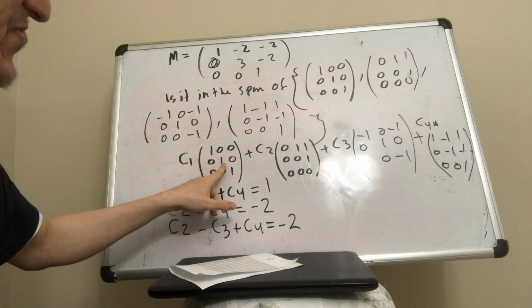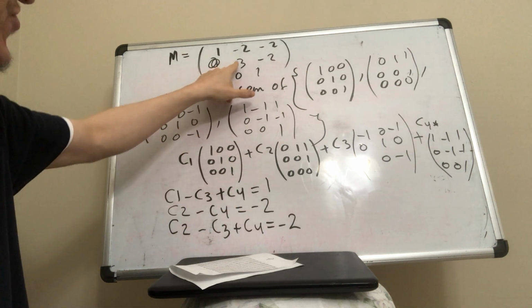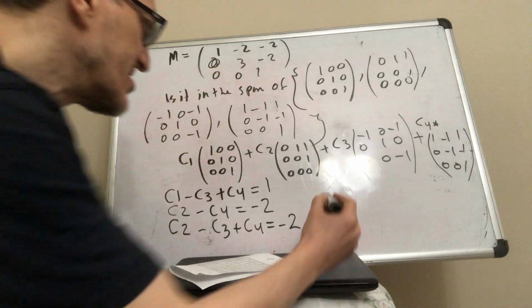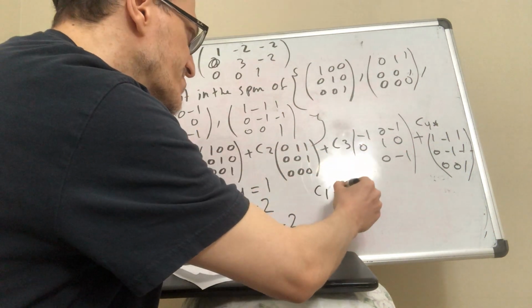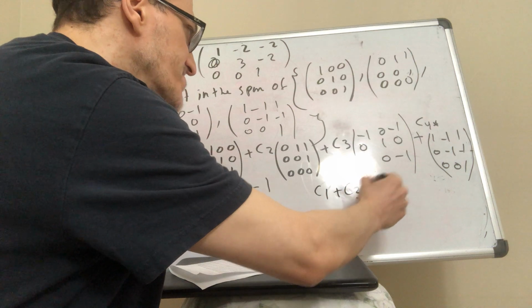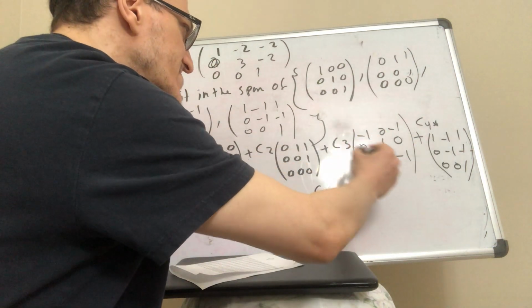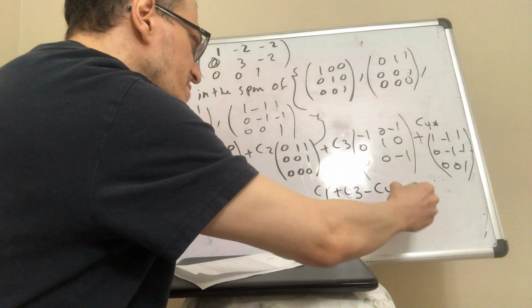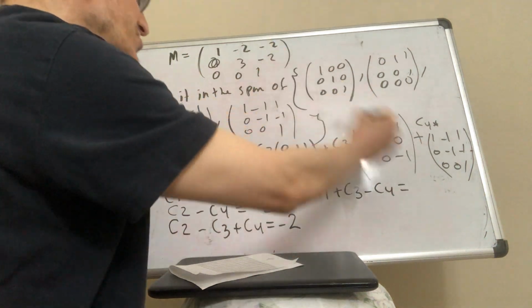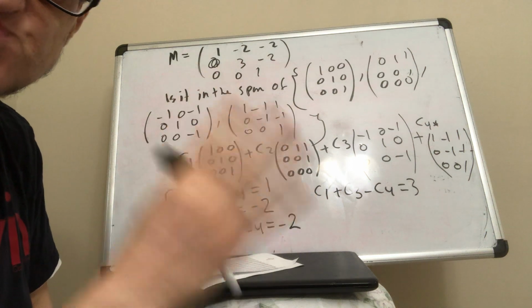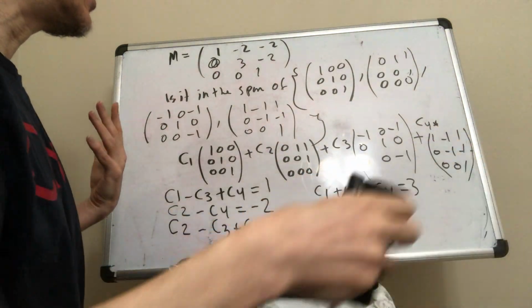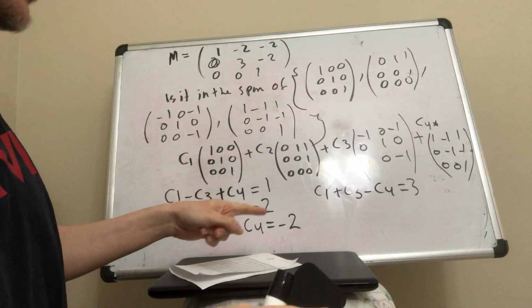You go to the fifth position, the 3. 1C1, 0C2, 1C3, negative 1C4 equals 3. Now once we have the 4 equations, 4 unknowns, we hope that none of them is repeated, like they're all different.